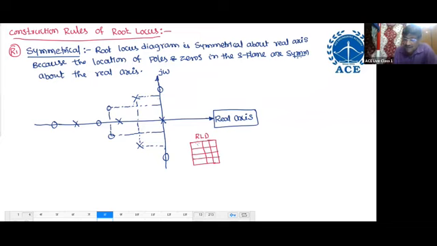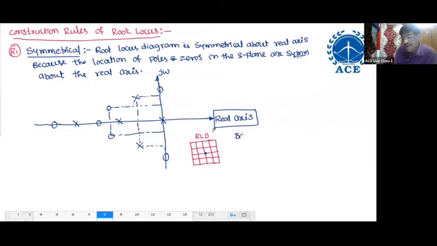This graph is symmetrical about the midpoint. So the graph is also symmetrical, and the poles and zeros are also symmetrical. That's why the root locus diagram is symmetrical about the real axis.